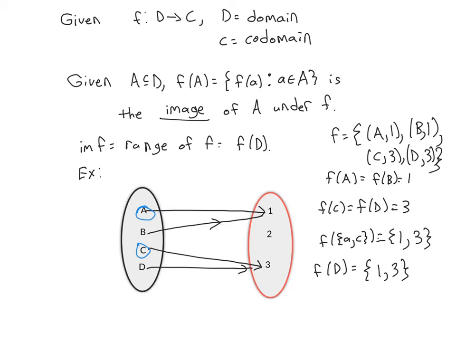So it's important to note when discussing functions that the reason why we call this a codomain instead of a range is because the codomain can be bigger than the range. Just like it is in previous math courses, we always ask what's the range of a function. It's because usually the codomain is all real numbers.